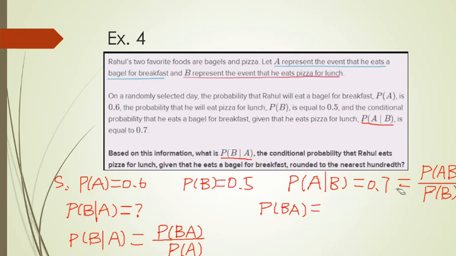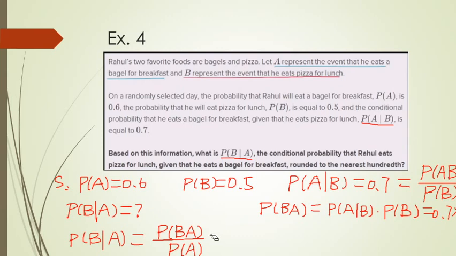So from here, we know that the probability of B and A will be the conditional probability times P(B) from this given number, right? So what is this one? This is 0.7. What is the probability of B? 0.5, right?